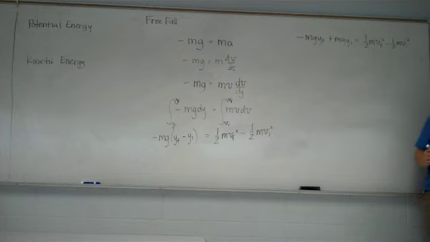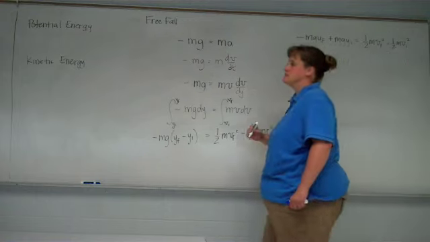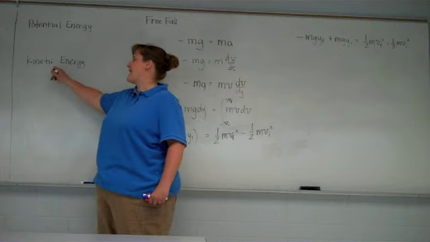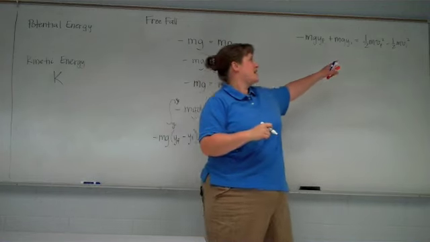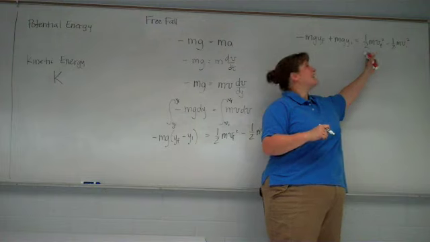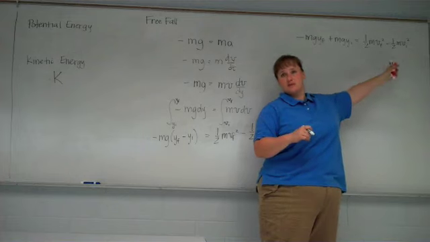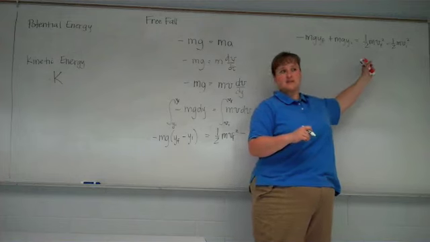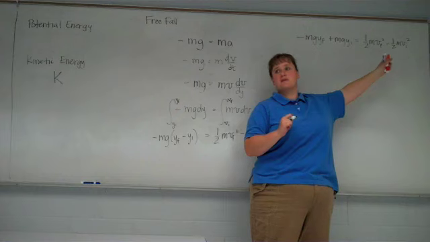This is energy. Kinetic energy. We're going to use a capital K to represent it. Kinetic energy is 1/2 mv squared. Now I know there's a mass in every single term here, so if we were to solve a problem, the mass would cancel, which is great. But we need the mass there in terms of describing the actual energy.